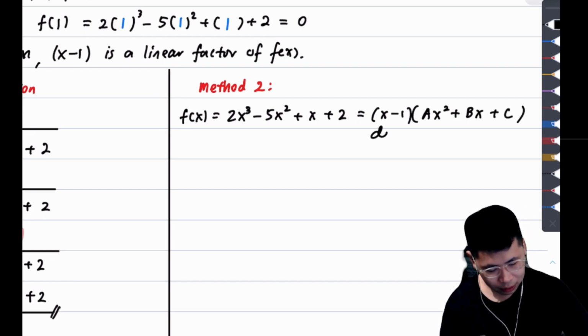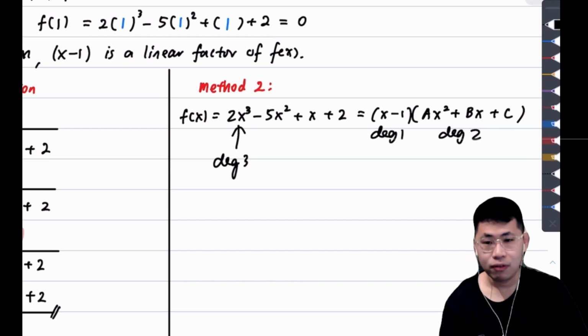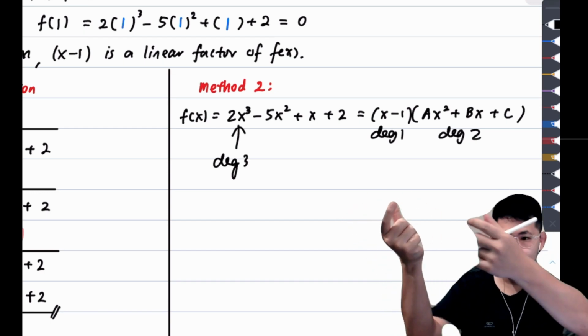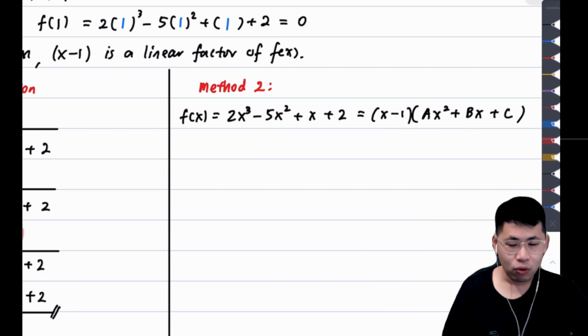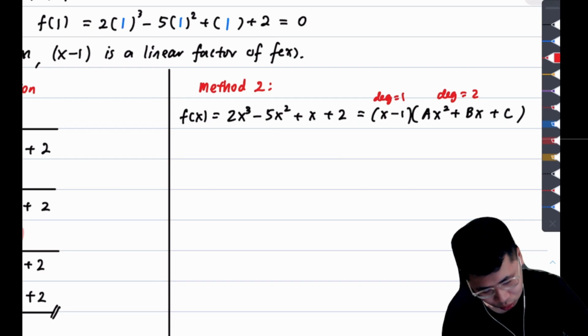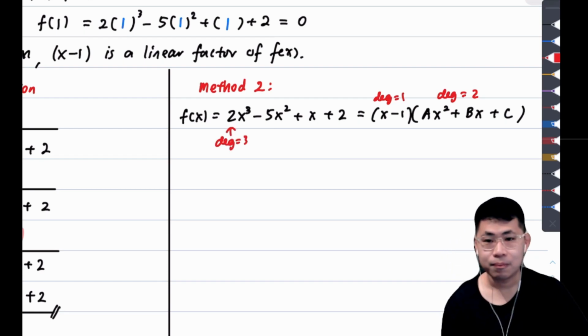Because something of degree 1 multiplied by something of degree 2 will give us something of degree 3. Let me write this down now. This is degree equal to 1. This is degree equal to 2. The original one has degree equal to 3.